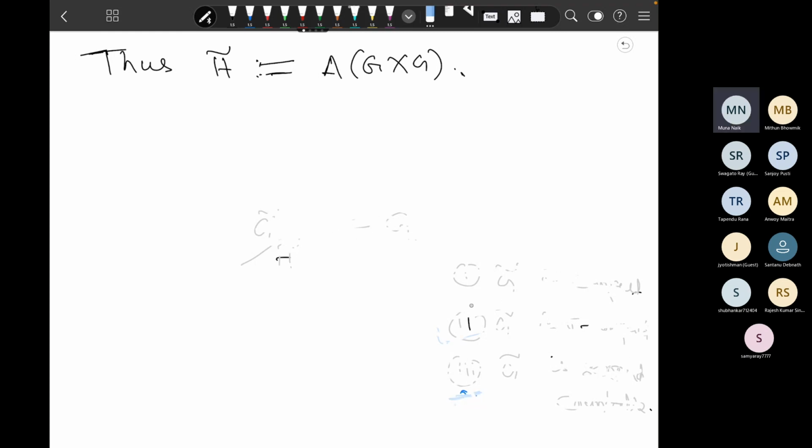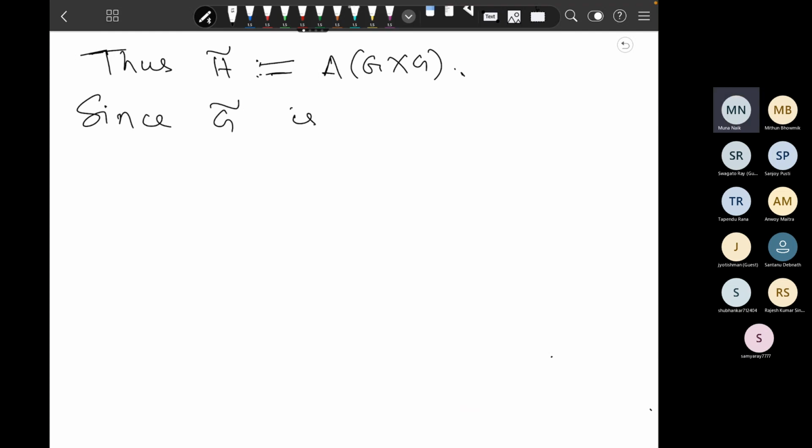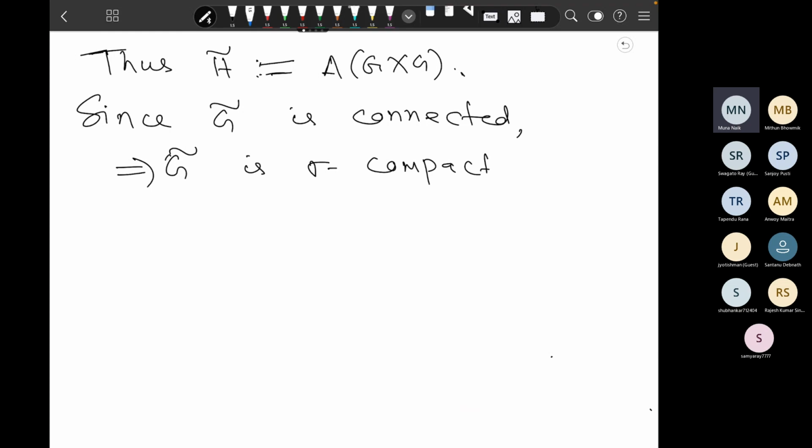But since G tilde is connected, because G is connected, this implies G tilde is sigma compact or second countable. If you want, you can also put second countable if you like that condition very much.